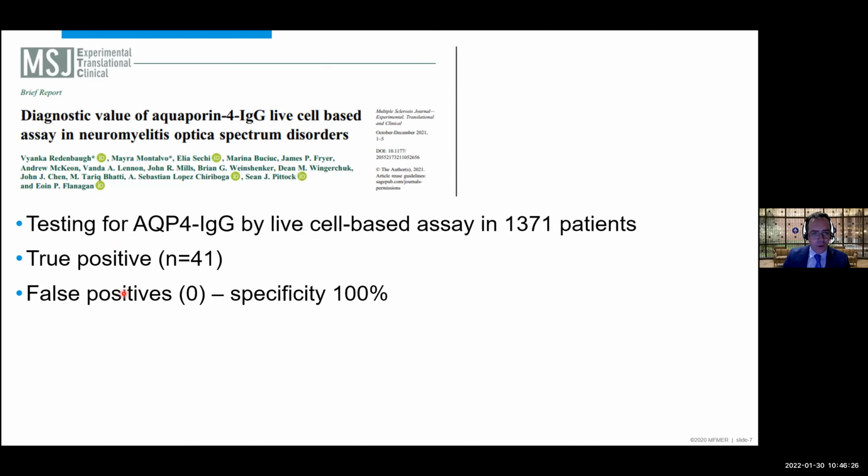And what we found was that all of the positives were true positives. They all had a typical phenotype that we would expect with neuromyelitis optica spectrum disorder, and we didn't see any false positives. So really this aquaporin 4 assay is a highly specific, great test, and you rarely encounter any false positives. We'll talk a little bit about the MOG, where the false positivity can be a little bit of an issue.